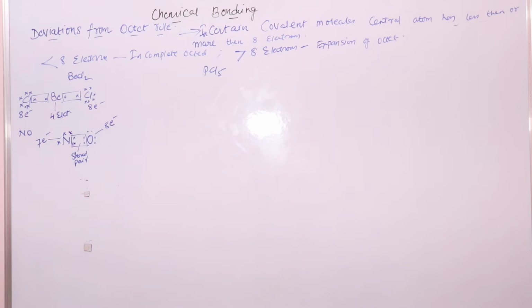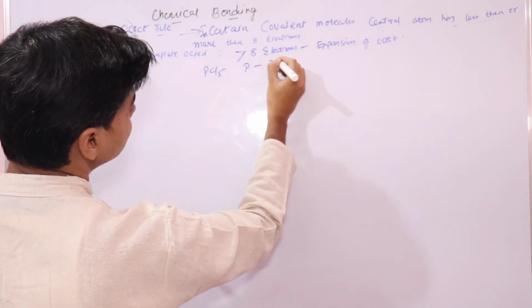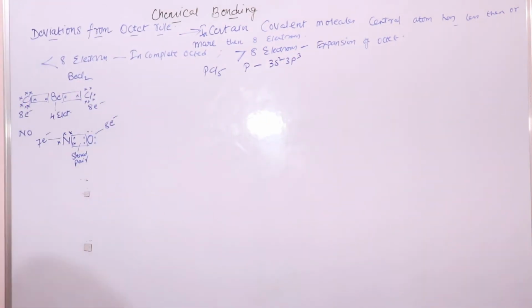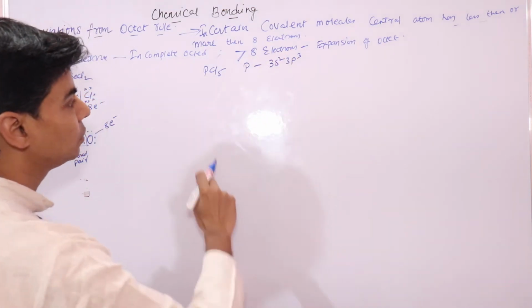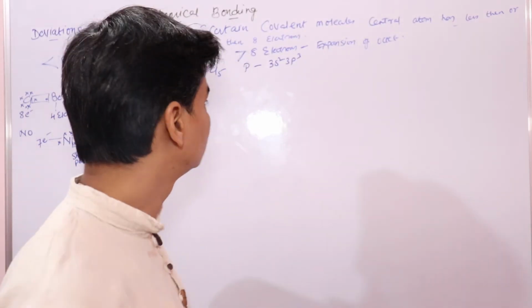The outermost electronic configuration for phosphorus is 3s2 3p3, and we know that chlorine always has 7 electrons in the outermost orbit.